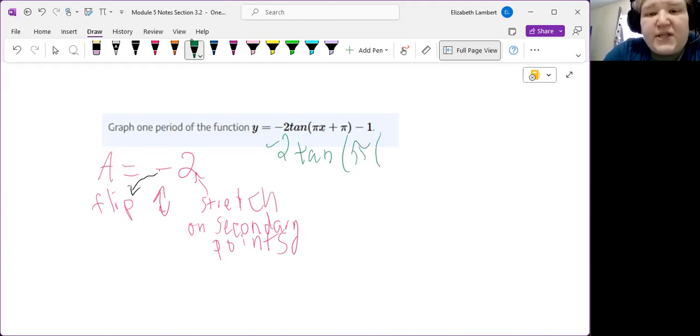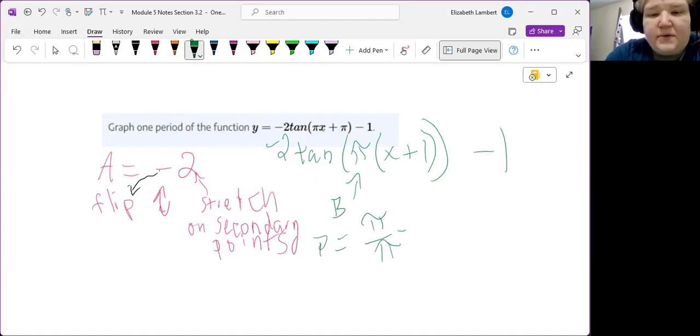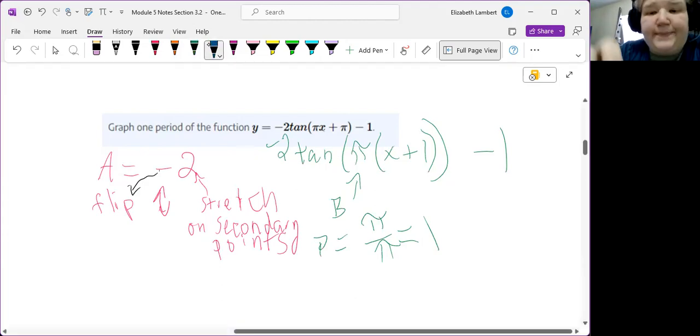So I will factor that out. That's still our b, but then this will be x plus 1. All right, so this is our b. So our period is pi divided by pi, which is 1. All right, then this is our h.